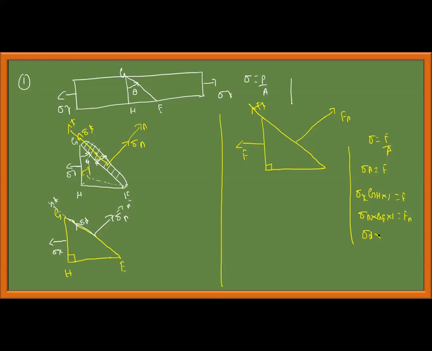Similarly, sigma t into GE into 1 is equal to Ft. This is Fn and Ft.